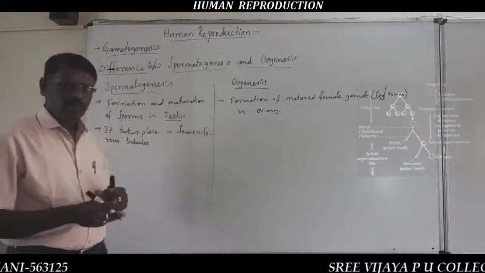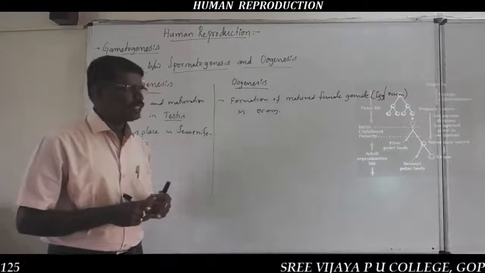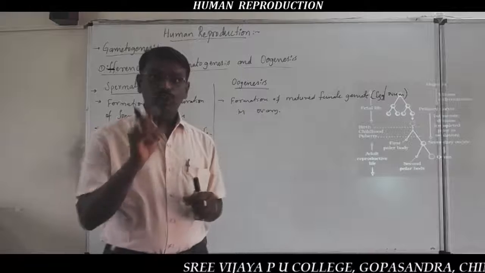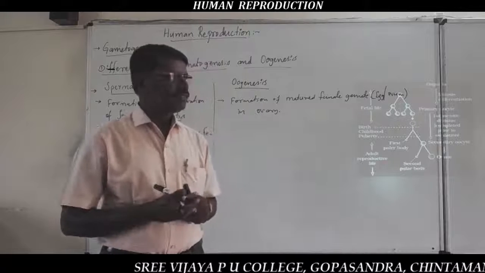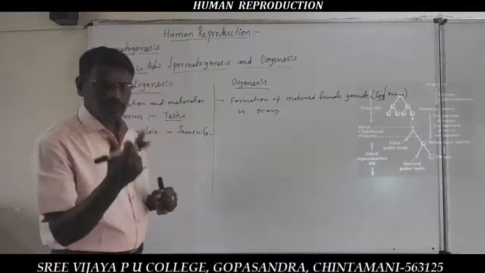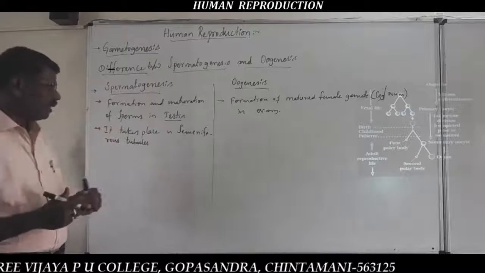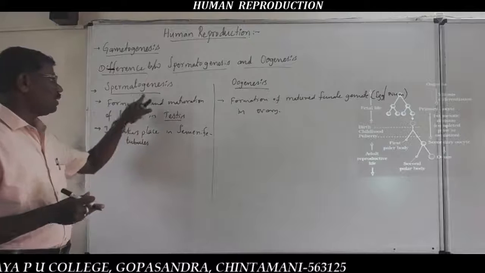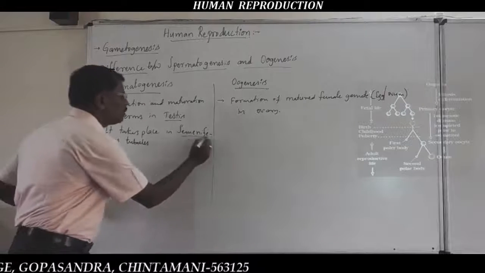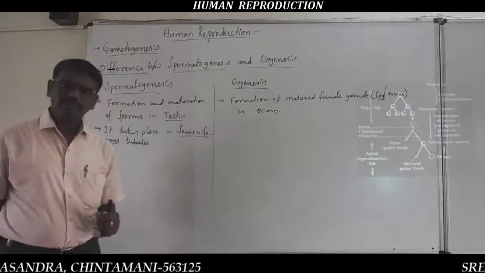The seminiferous tubules are lined with two types of cells, Sertoli cells and male sex germ cells. Those male sex germ cells undergo meiosis and help in the formation of sperms. That's why spermatogenesis takes place in seminiferous tubules.